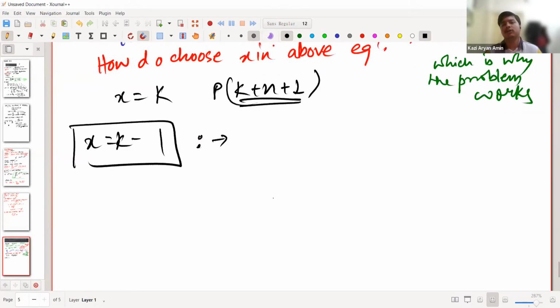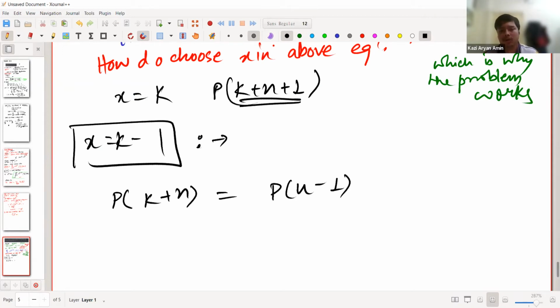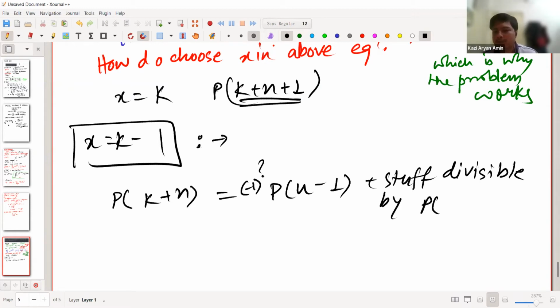When you write this out, what you will get is p of k plus n is equal to p of k minus 1 to the power something, plus stuff divisible by p of n.